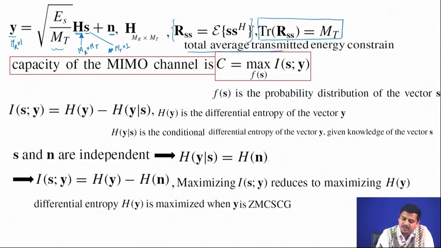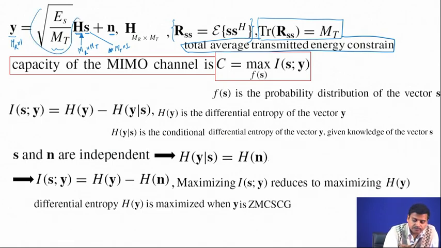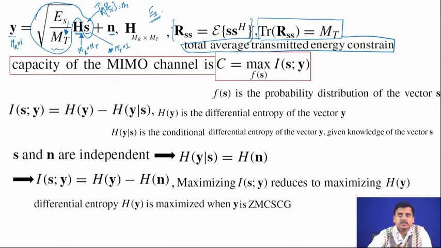So, the total average transmitted energy constraint means we do not want to use excess transmit power, and what we see from this part is that the transmit power is equally divided amongst the MT transmit antennas, right. That is what we have over here, and if we constrain the trace of RSS to be equal to MT, then we ensure that the total transmit power is restricted to ES. That means we can compare the performance with the SISO link.